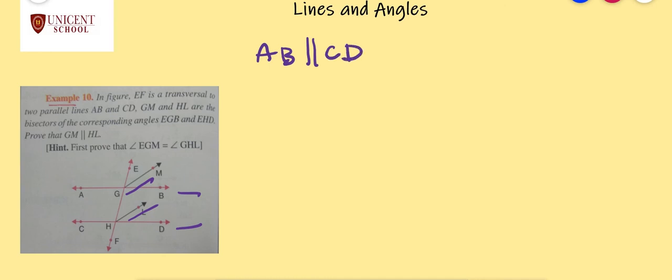Since AB is parallel to CD, corresponding angles are equal. So what are corresponding angles? That is angle EGB is equal to angle EHD. So these are corresponding angles and are equal.